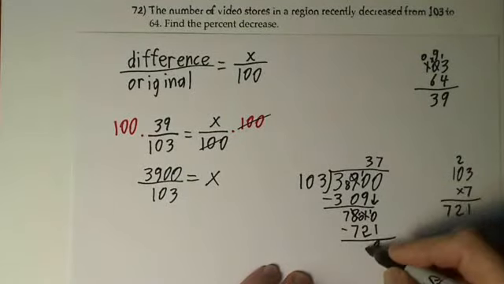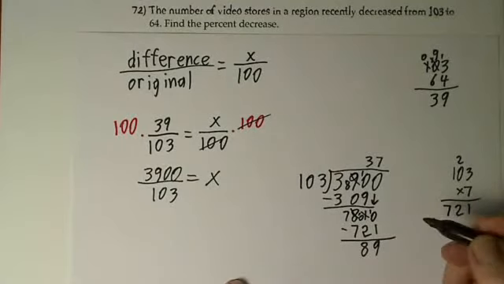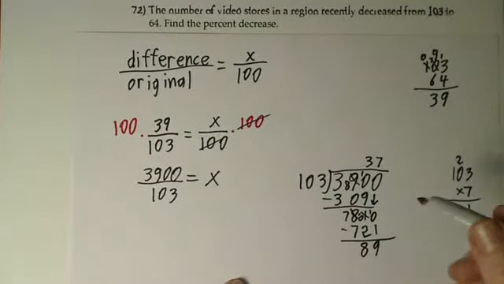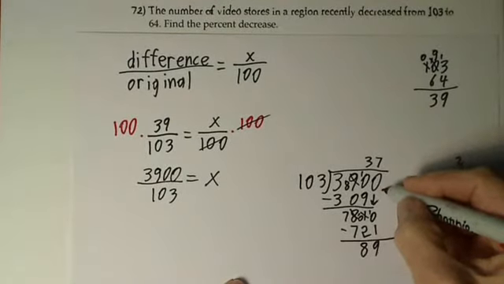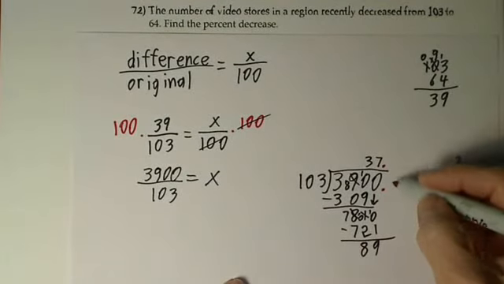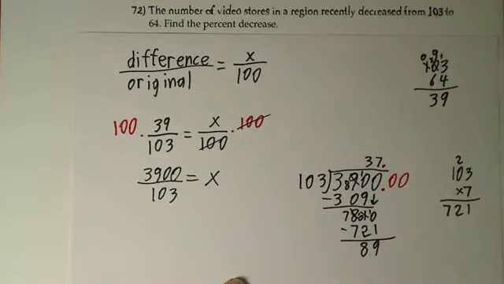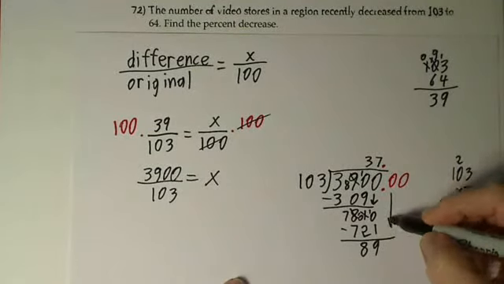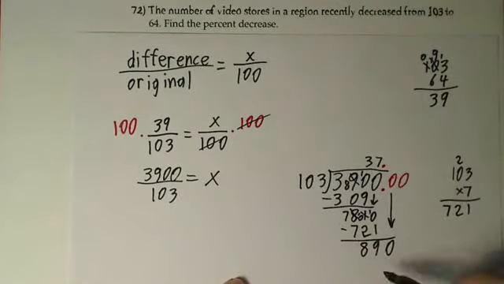So there's 89 left over. Notice we've run out of digits here, so we have to put in our decimal and give ourselves a few zeros. Hopefully that'll be enough. Let's bring this down, 890.